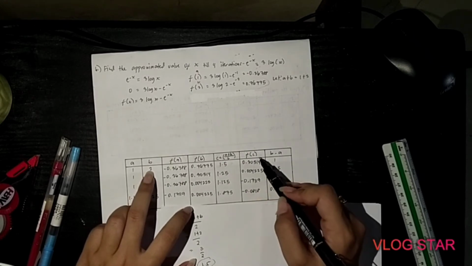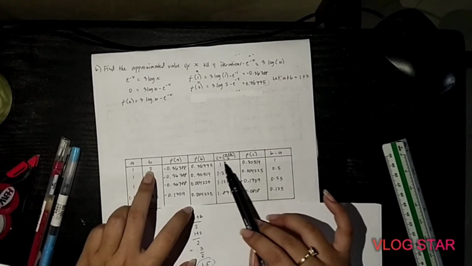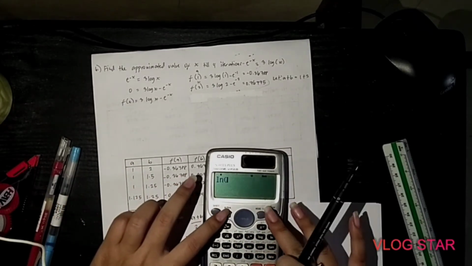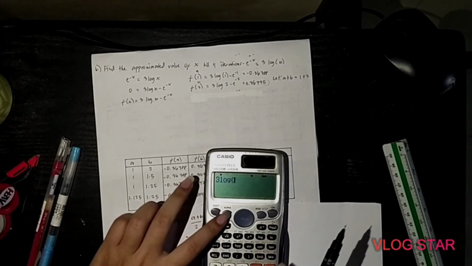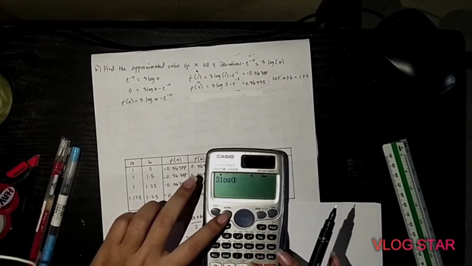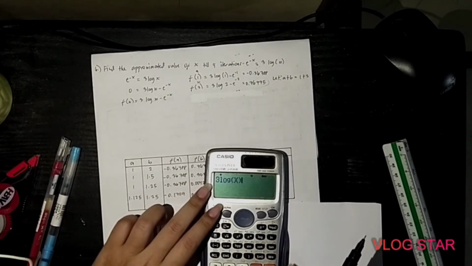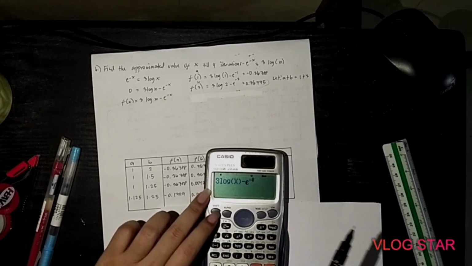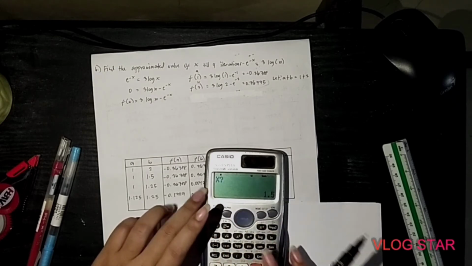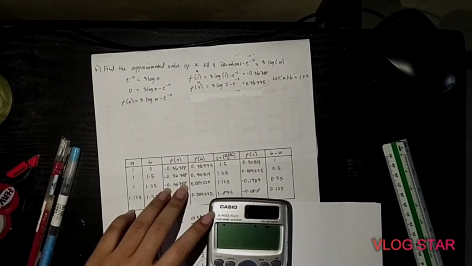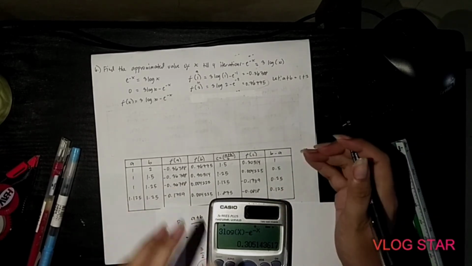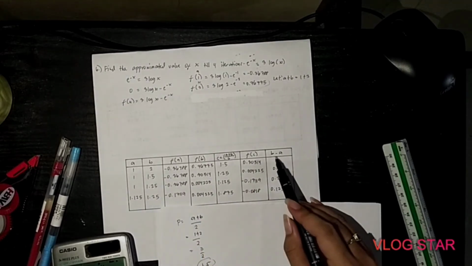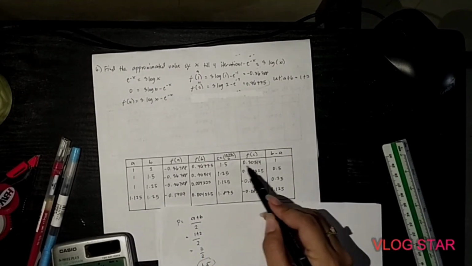And the f of c is, if we substitute this 1.5 to the function, so again, 3 log of x minus e raised to negative x, calc, and this will become 1.5. So here is the answer. And if we define the difference between b and a, this will become 1. So now, take note that this is positive.